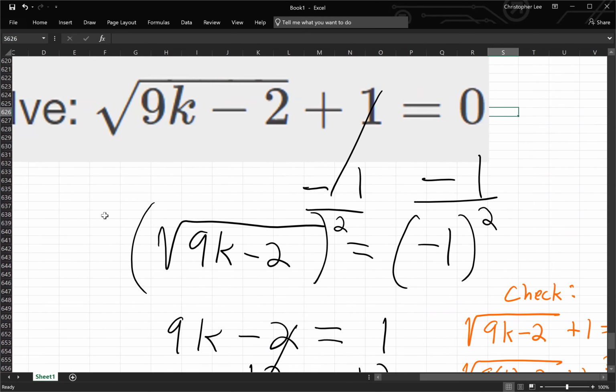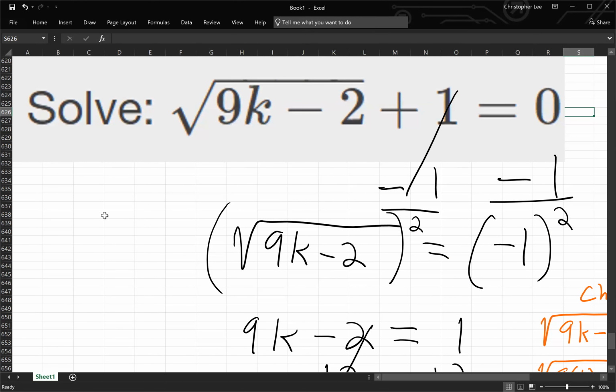The lesson here though, right? If you wanted to avoid all of that, anytime you see a question similar to this, as soon as you subtract the one or whatever and you see that you get square root of 9k minus 2 is equal to -1, you know that two numbers multiplied together, especially if they're the same, can never give you a negative number.